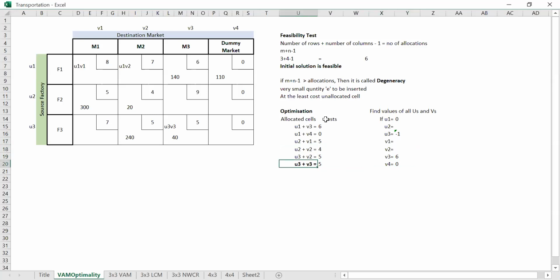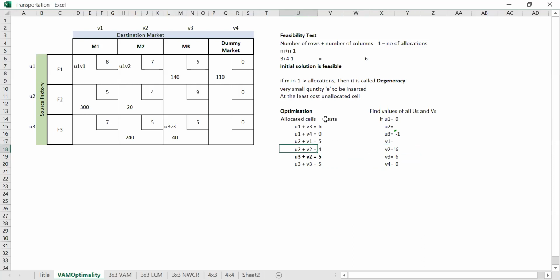With U3 equal to minus 1, I can find V2. So if U3 is minus 1, V2 will be equal to 6, because minus 1 plus 6 is equal to 5. U3, we know that it's minus 1. So if we use minus 1 here, V2 will be equal to 6 again.